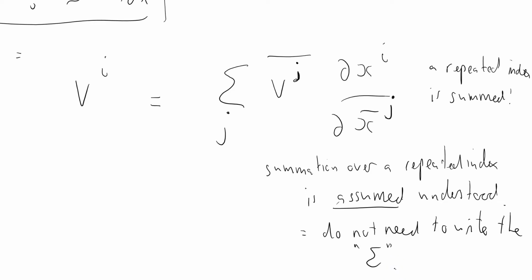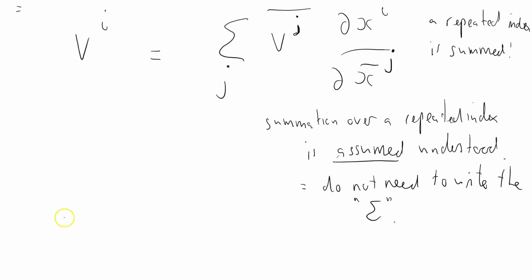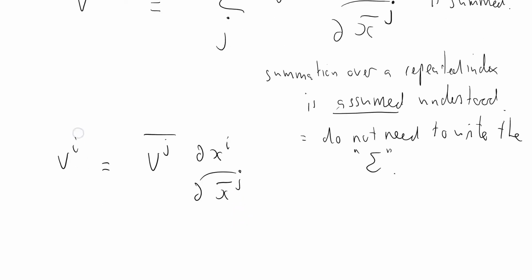So with this rule, I can write that equally as V^i equals V̄^j ∂x^i/∂x̄^j, with an implicit sum, which you do not need to write down because of the Einstein summation convention.